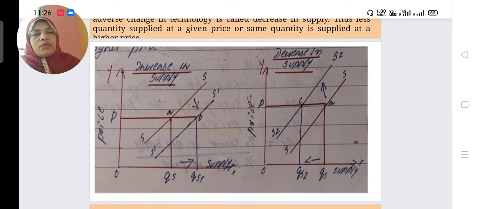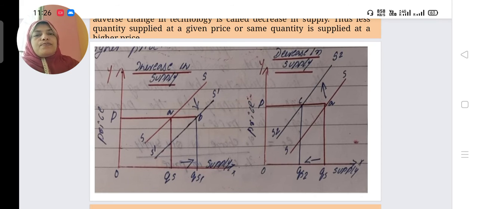First diagram is increase in supply. Here in this first diagram, the price is fixed at OP. At that time, quantity supplied is OQS. Its meeting point is A on the supply curve SS.